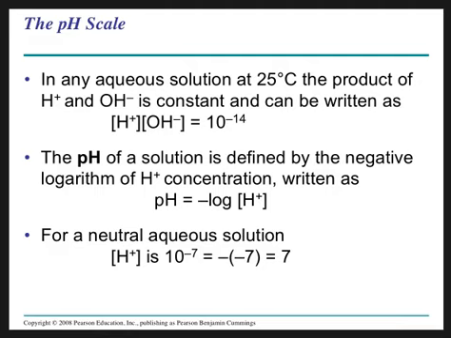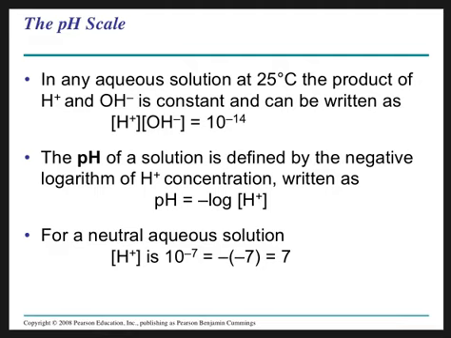So the pH of a solution can be determined by the negative log of the hydrogen concentration. Basically, if I tell you that the hydrogen ion concentration is 10 to the minus 7, you're going to look at that exponent, that negative 7, turn it into a positive, and say the pH is 7.